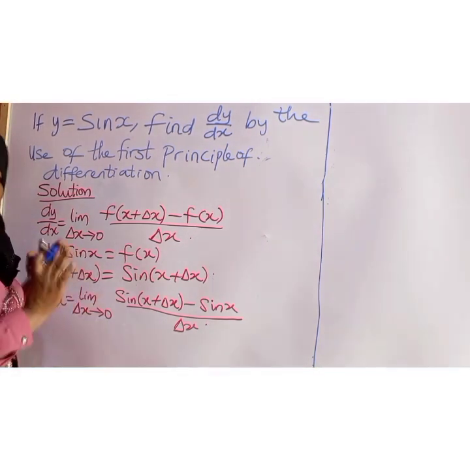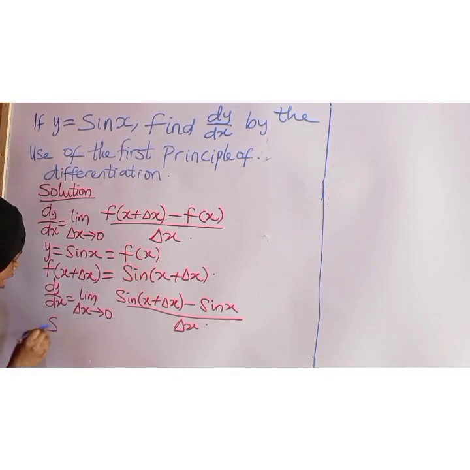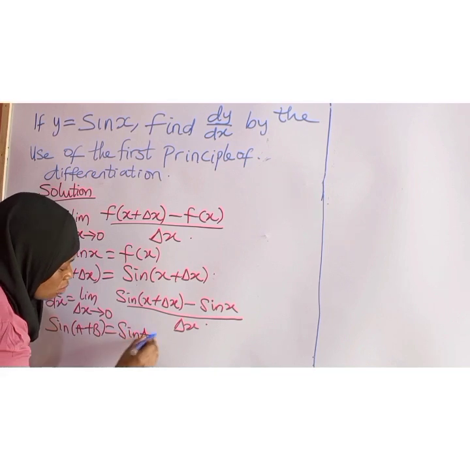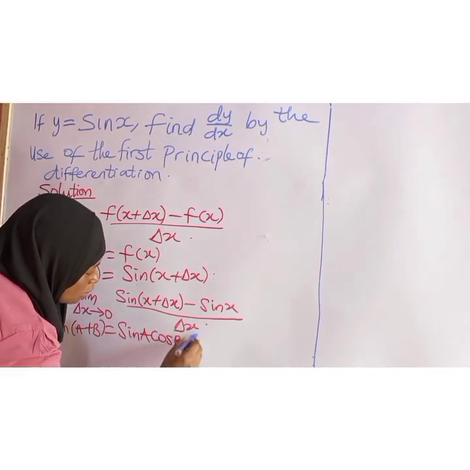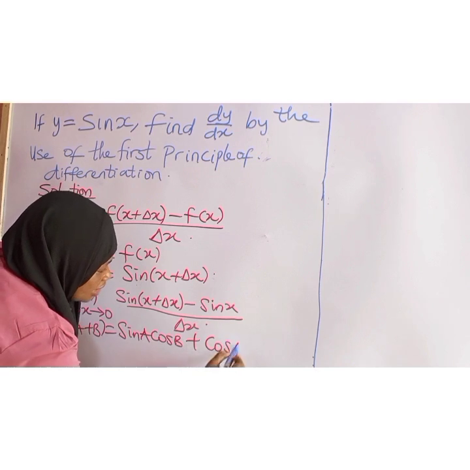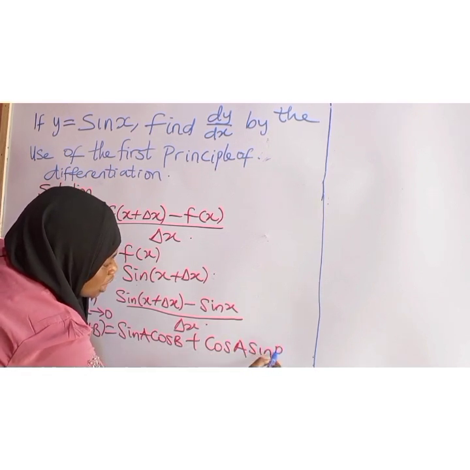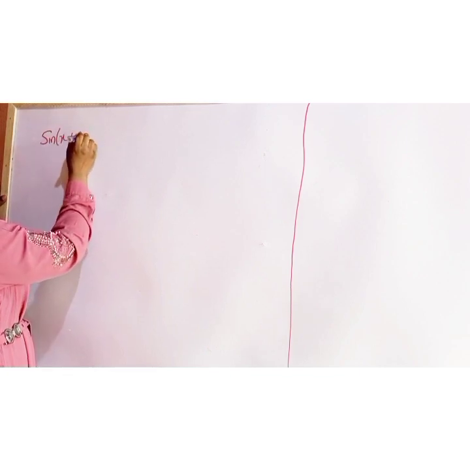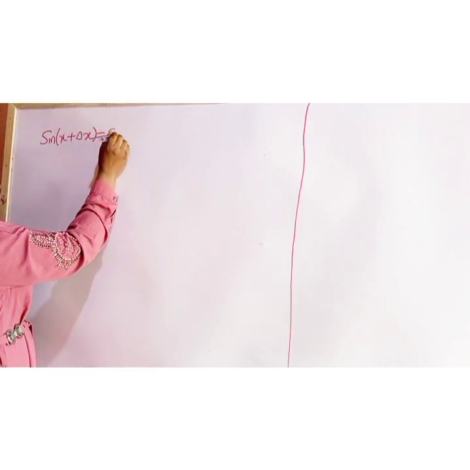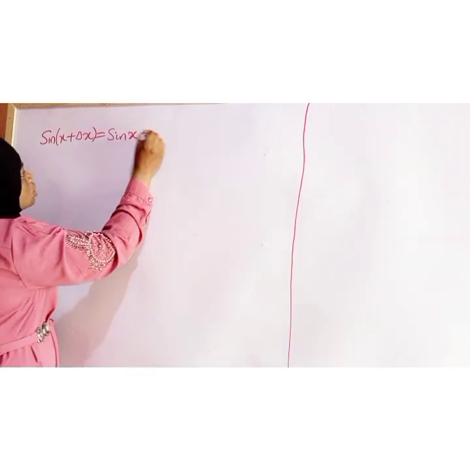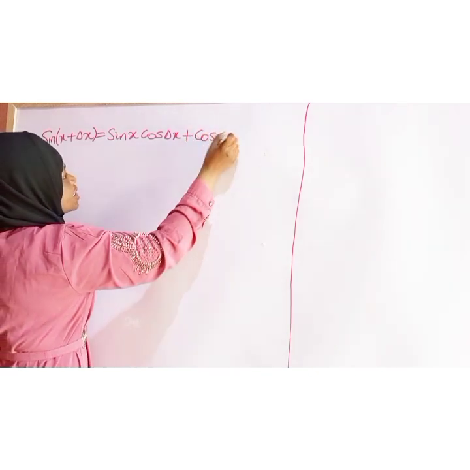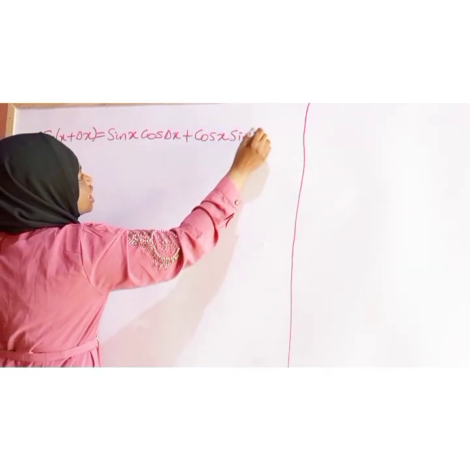By trigonometric identities, sine of a plus b will be equal to sine a cos b, plus cos a sine b. So sine of x plus change in x will be equal to sine x cos change in x plus cos x sine change in x.